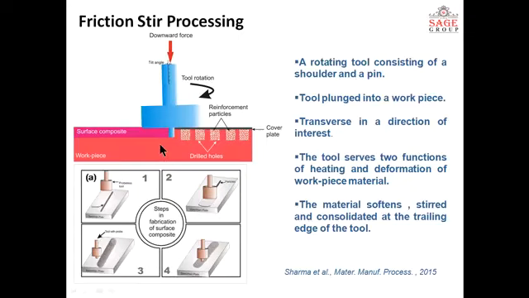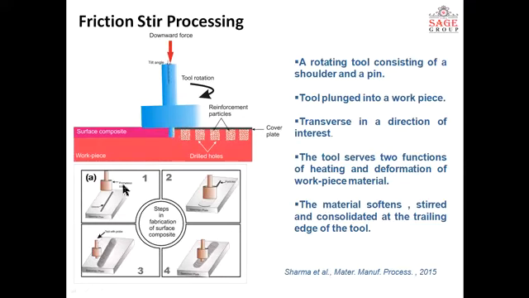In this figure you can see that there is a tool which rotates at a high RPM, and due to rotation, when it contacts the surface, it will generate friction, and because of this friction, low melting alloys such as aluminum will soften, because an enormous amount of heat is generated.